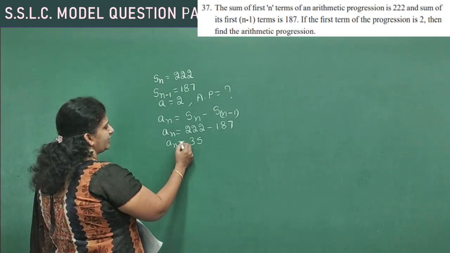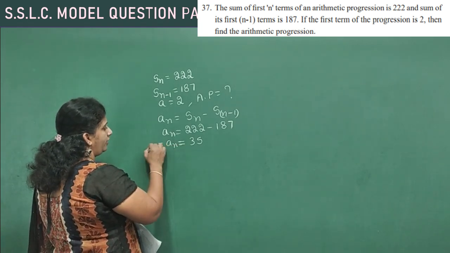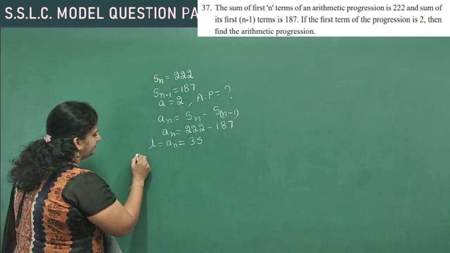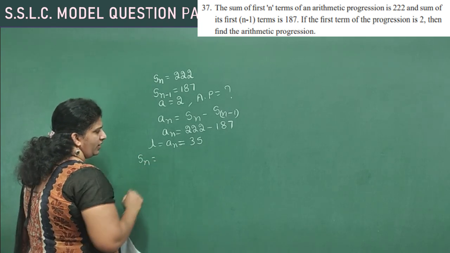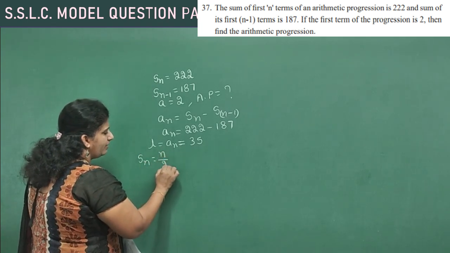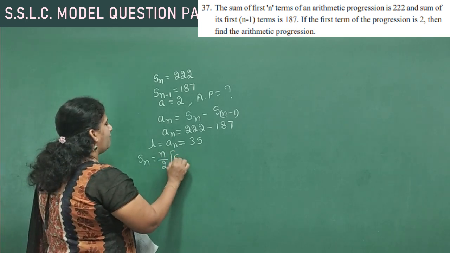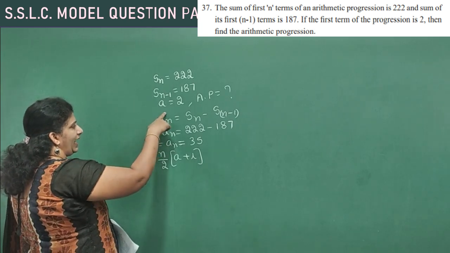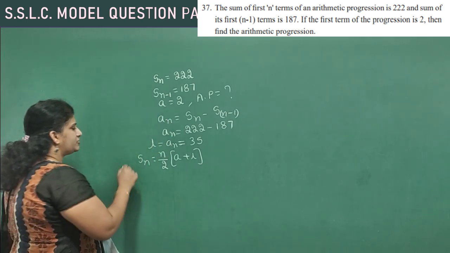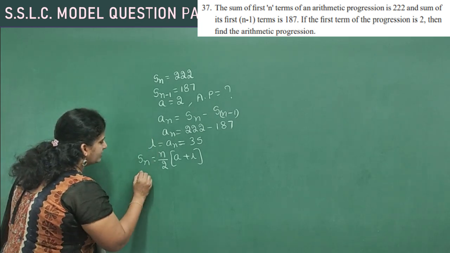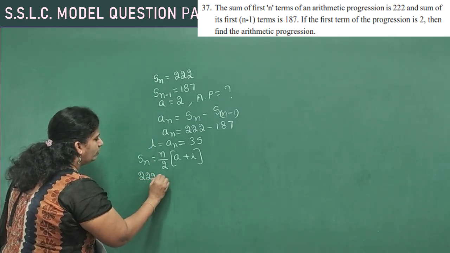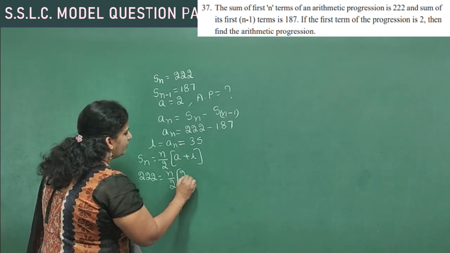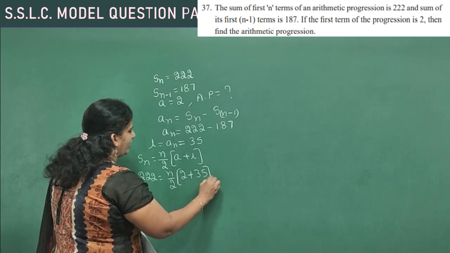I can say the nth term may be either an or L. Right? Now again take Sn and write the Sn formula. When you know the first term and last term, Sn is equal to n by 2 into a plus L. You know L, you know a, and Sn also you know. Substitute all those. Sn value is 222, we don't know n, by 2 into a value is 2 plus L value is 35.